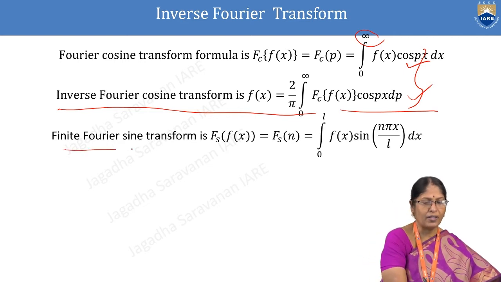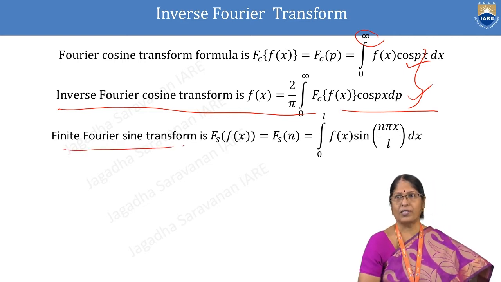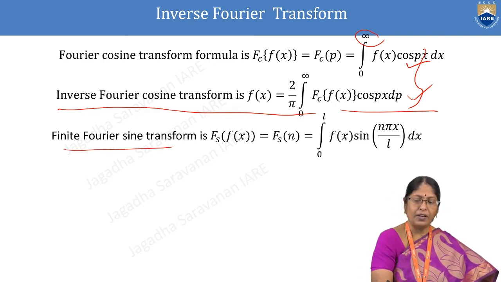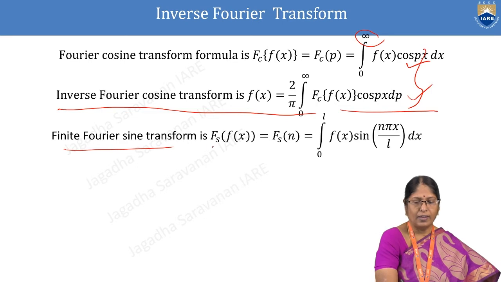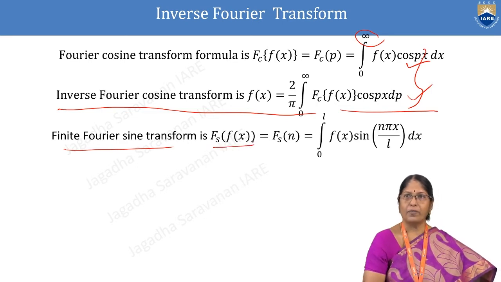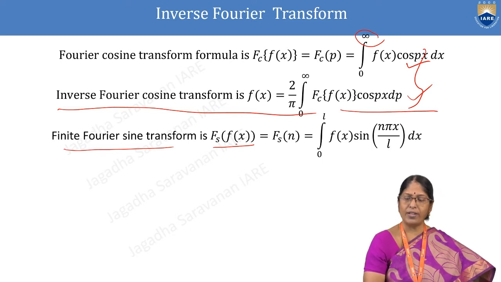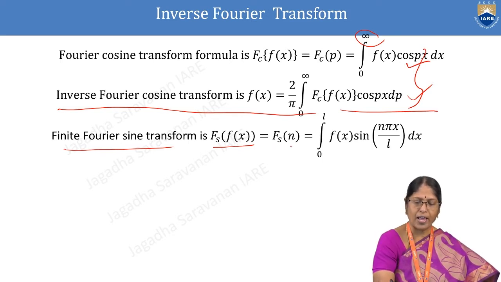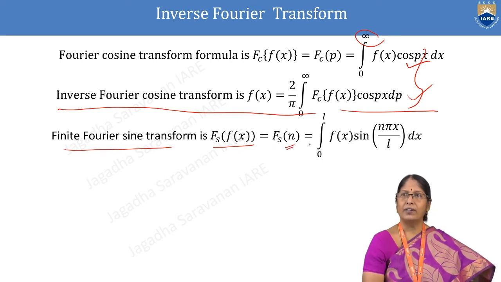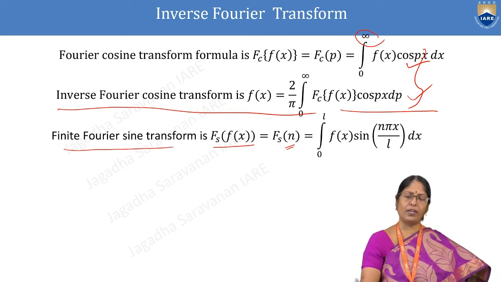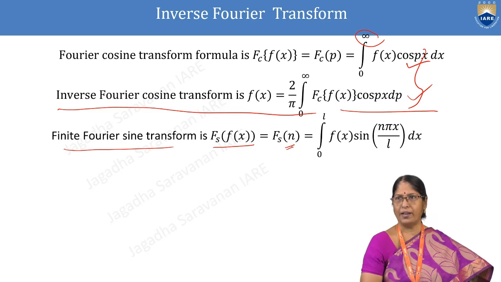Now, the finite Fourier sine transform. The notation is the same: the Fourier sine transform of the function f of x, capital Fs of n. For the infinite case we used the notation p; here we are using n.